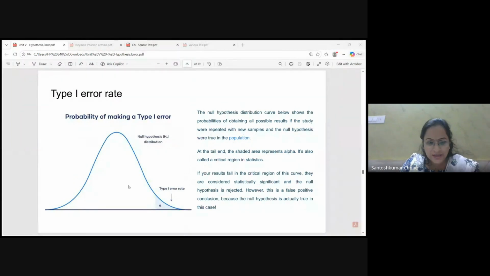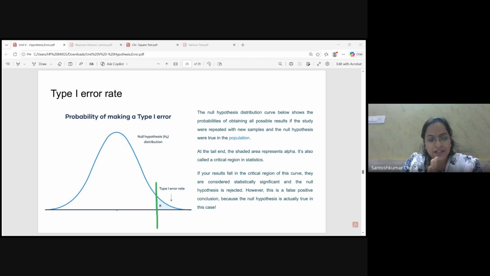In this graph, you can see that there is alpha, correct? So I am calculating the value at this alpha level, and this alpha level is my 0.05.